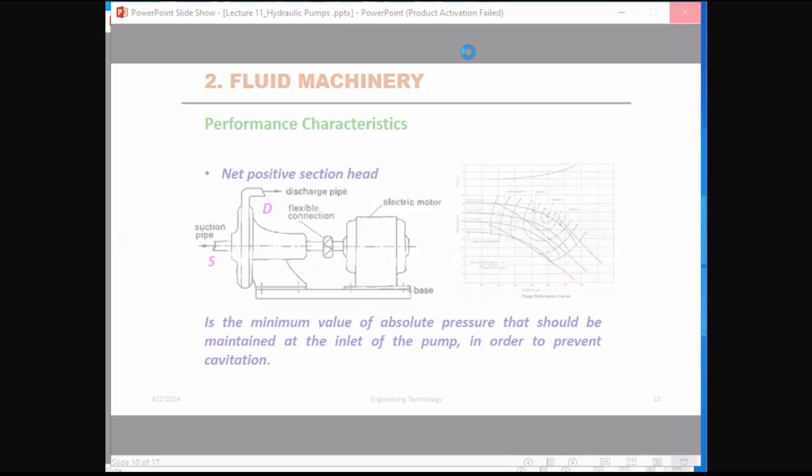If you have any questions regarding these pumps, you can ask. Please study about centrifugal pumps. Centrifugal pumps are a very useful pump in industry. You can see various applications.